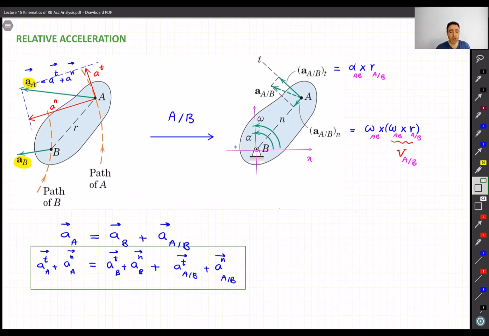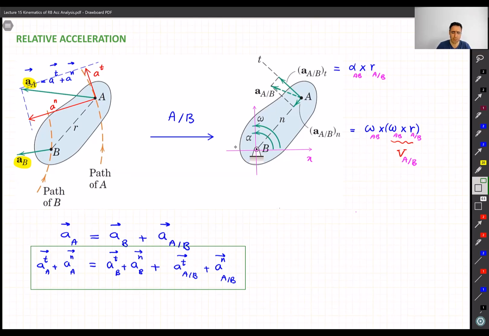And we should be able to solve problems using this formula, using the i, j components or graphically with vectors. I'm going to solve one problem to see how we can use this formula. But before I go further, if there is any question, please ask so we can clarify before moving to the next page and solve the problem.